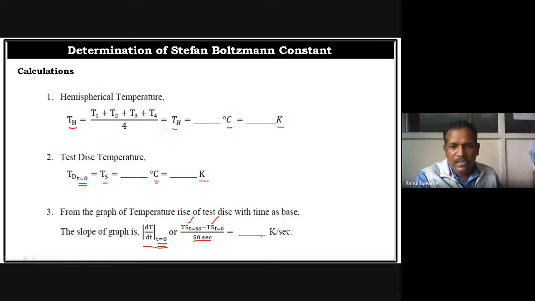Whatever be the value, it is nothing but the slope of that graph. Many times students make a human mistake calculating the slope from the graph, so we prefer the analytical method. From this formula, we find the slope of this graph, that is d temperature divided by d time.